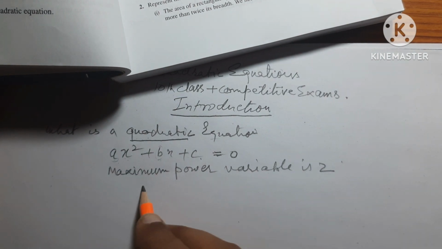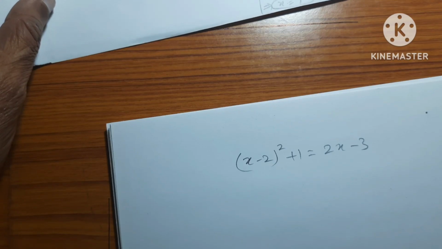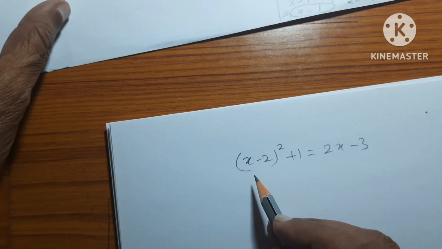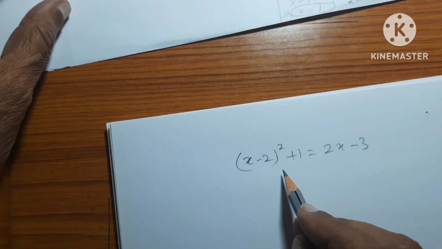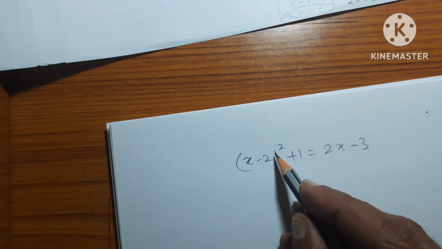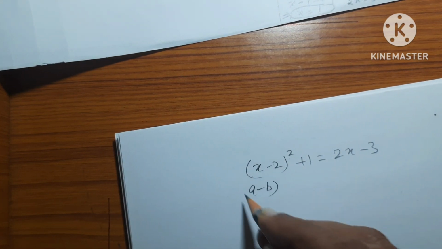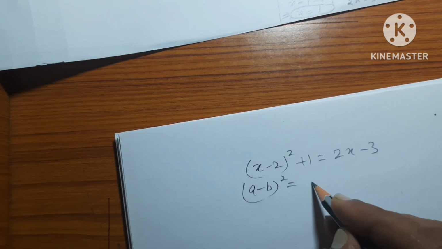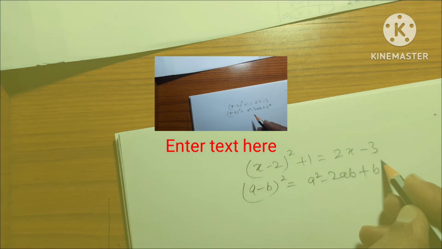For example, we have x minus 2 whole square plus 1 equal to 2x minus 3. We'll open this with the help of a minus b whole square, which is equal to a square minus 2ab plus b square.